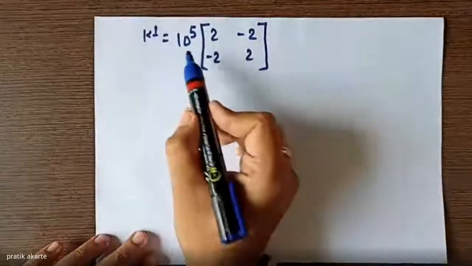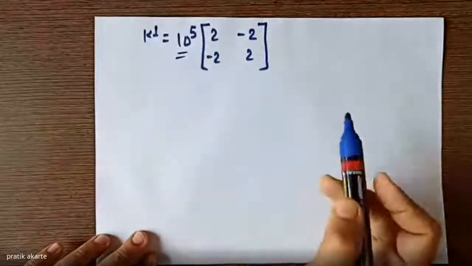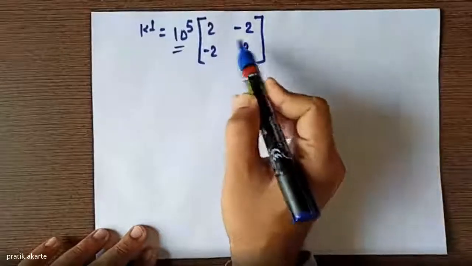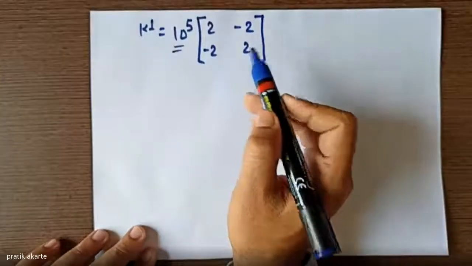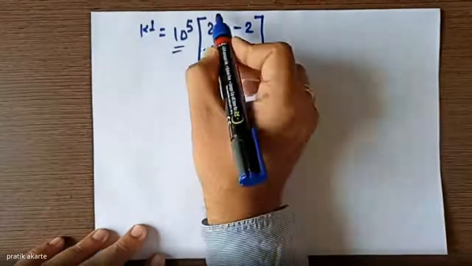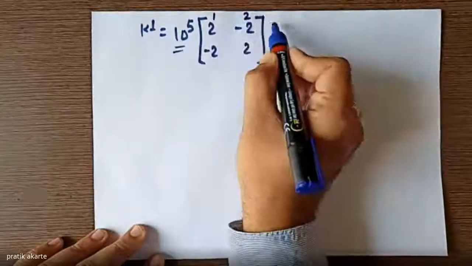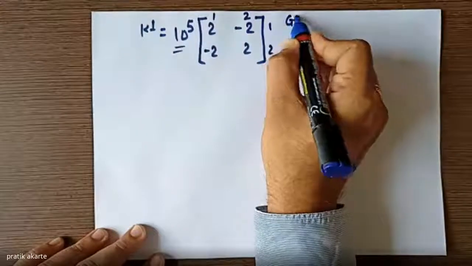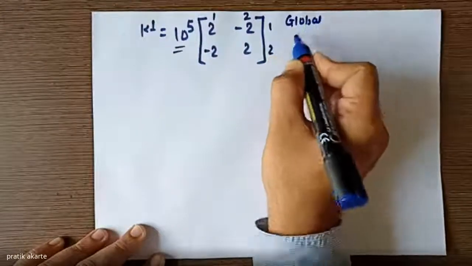Again, you can always take out some term, the higher order term, as common, so that your matrix elements look simple. Then I'll write 1, 2 over here and 1, 2 over here, which are your global degrees of freedom.